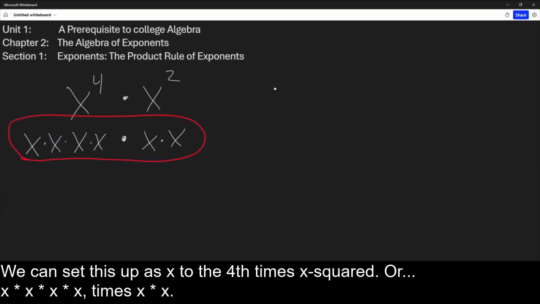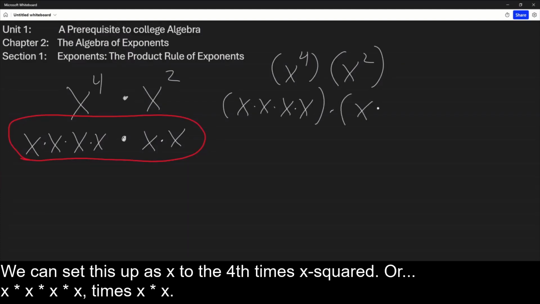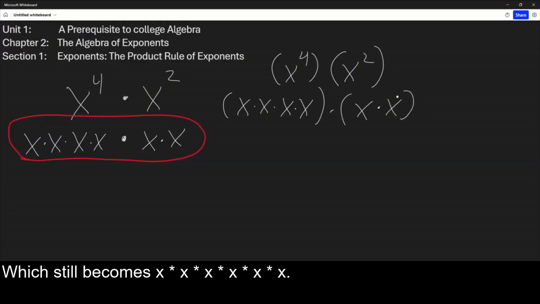We can set this up as x to the 4th times x squared, or x times x times x times x times x times x, which still becomes x times x times x times x times x times x.